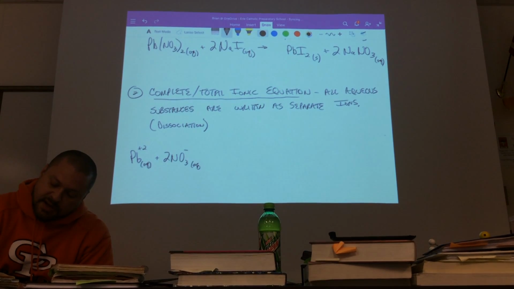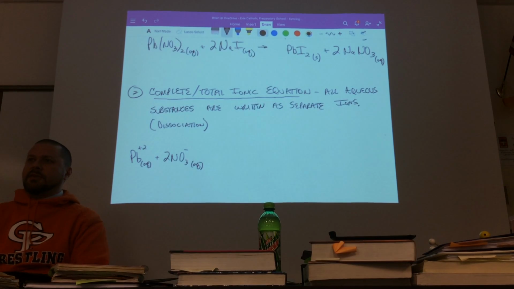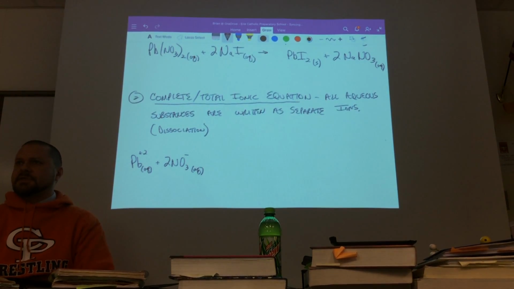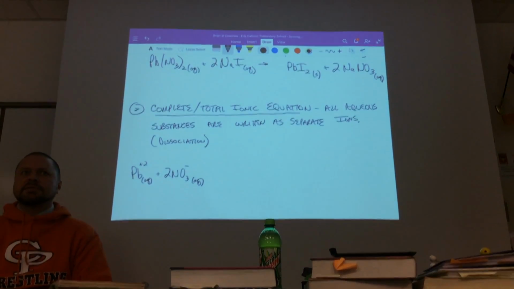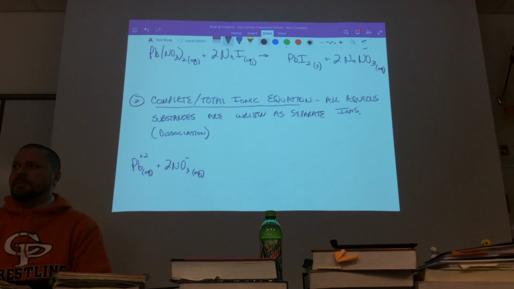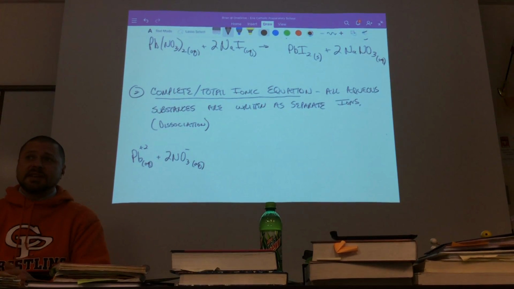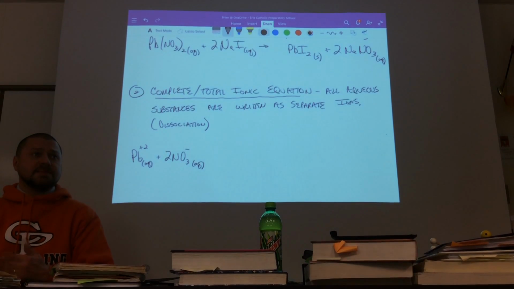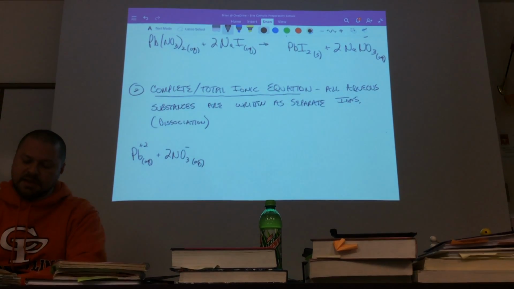So all you're doing is writing a dissociation equation, but instead of going horizontally across the page, you're going vertically. And instead of starting with a solid, you're starting with something aqueous already. So again, nothing really new, right? So really what it's turning out to be is that you are having to learn a process more than the individual steps. You just got to know what the steps are and when to do them.